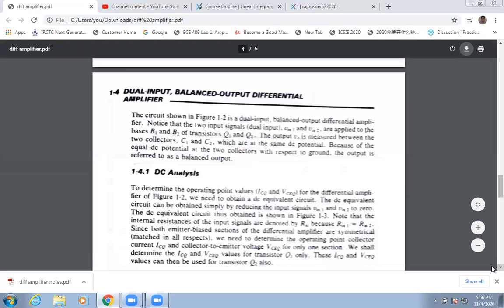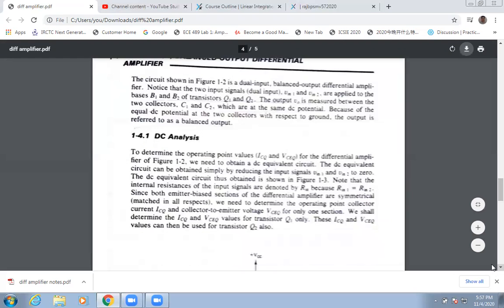First of all, I would like to do the DC analysis to determine the operating points, that is ICQ, the collector current at quiescent point, and the collector emitter voltage at quiescent point. For a differential amplifier, we need to obtain a DC equivalent circuit.